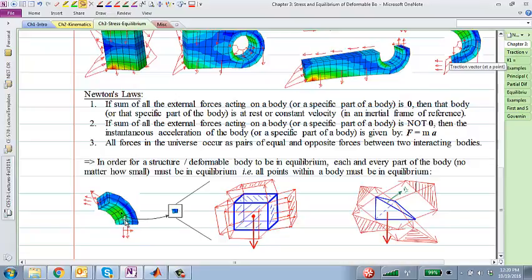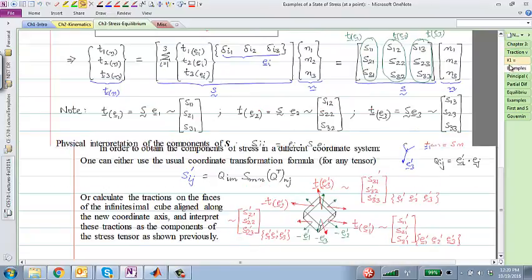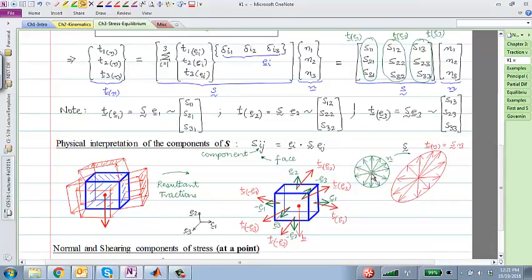Those infinitely many planes have normal vectors associated with them, correct? Those are the green normal vectors that I'm talking about here. These represent normal vectors to infinitely many planes passing through a point inside or outside of a deformable body. The stress tensor at that point will act on any of these normals and will give me the corresponding traction vector acting on that face at that point, perpendicular to that particular face that you've chosen.